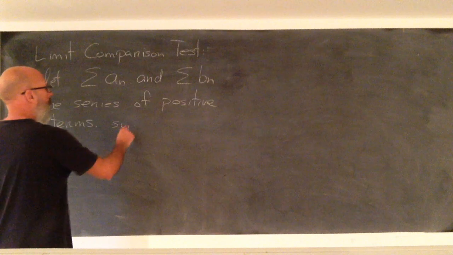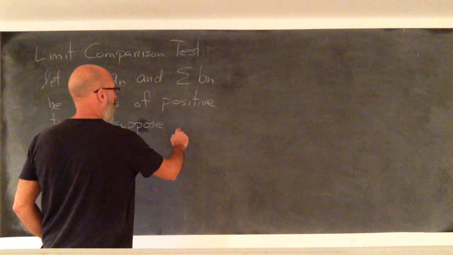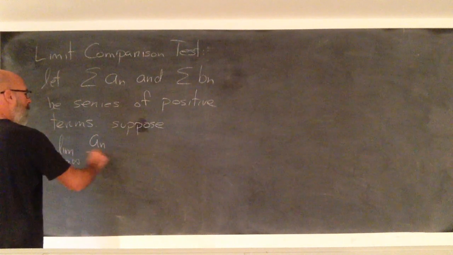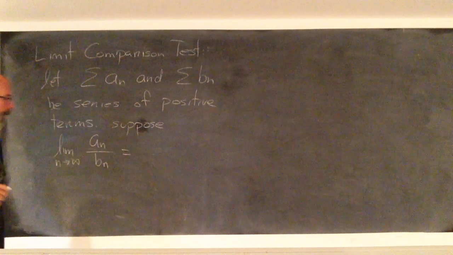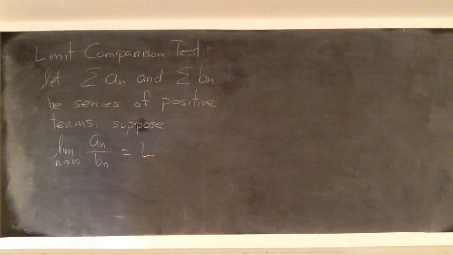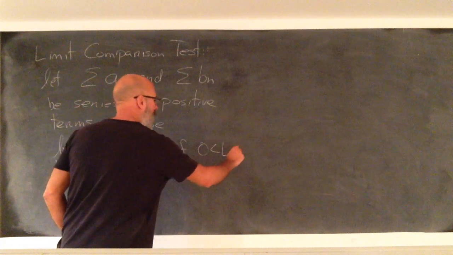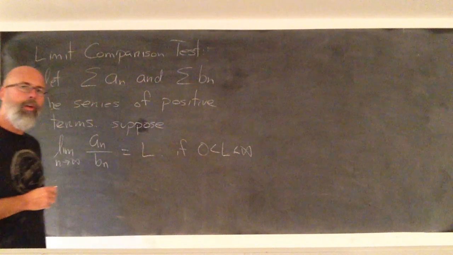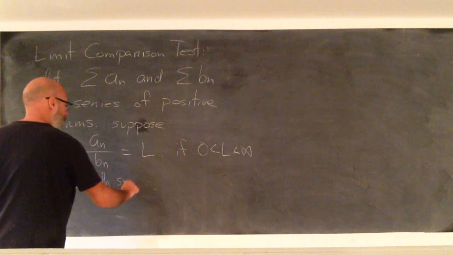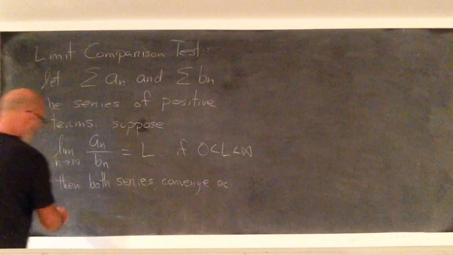And suppose further that the limit as n goes to infinity of one divided by another exists and is L. If L is between 0 and infinity, then both series converge, or both series diverge.